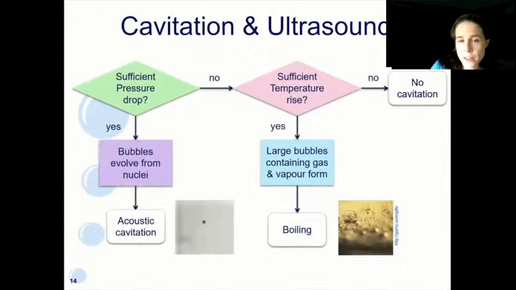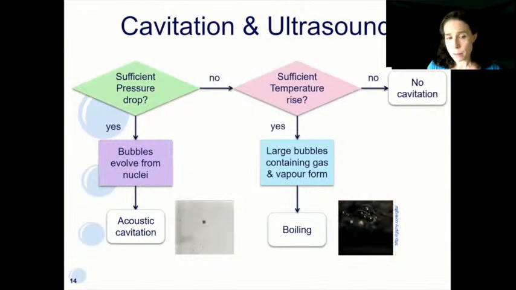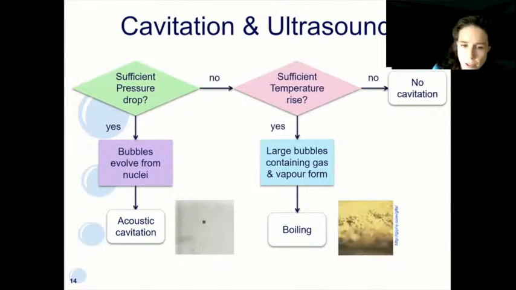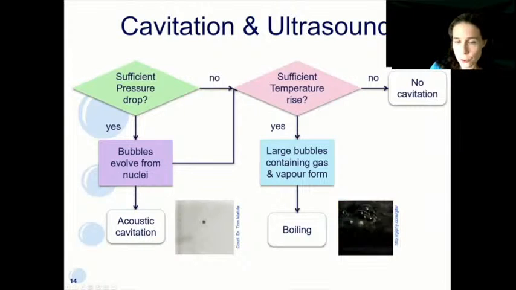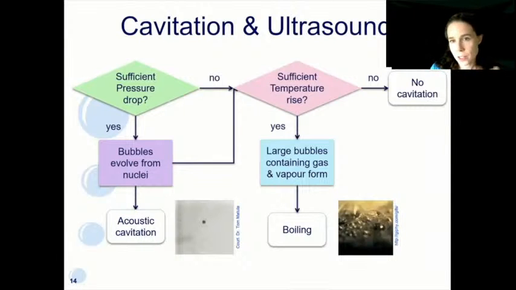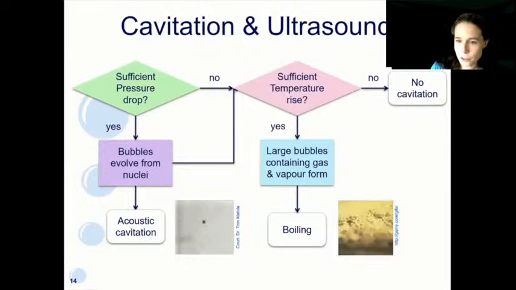If, on the other hand, the amplitude of the ultrasound is sufficient that when the pressure drops, bubbles are able to evolve from the nuclei, then we will get acoustic cavitation. And of course, we may have a combination of both a sufficient pressure drop and a sufficient temperature rise for bubbles to form, and we'll get a combination of boiling and acoustic cavitation.